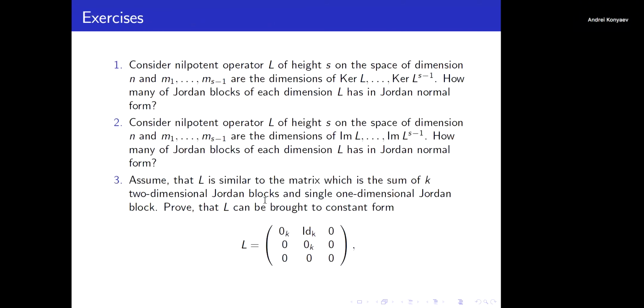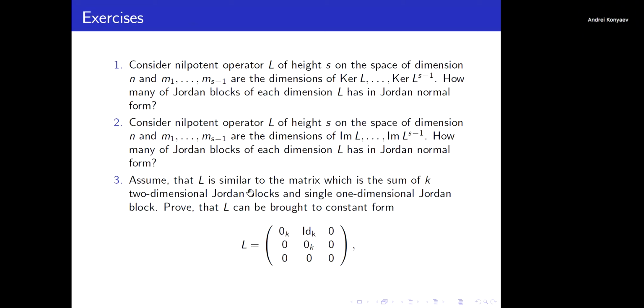So in the end, I give you exercises as usual. The first two are actually exercises in linear algebra, just for you to get acquainted with the Nijenhuis operators. With the nilpotent operators, you need to calculate the Jordan normal forms using the dimensions of kernels and dimensions of images of those flags we had.